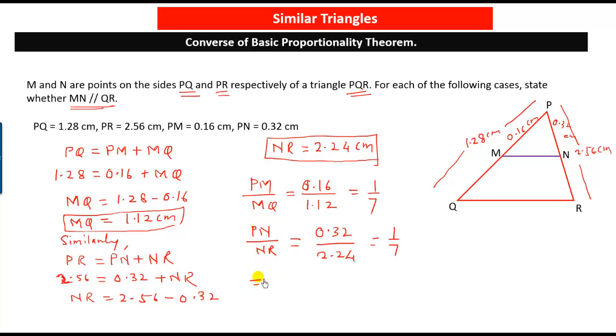Since these ratios are equal, by converse of basic proportionality theorem, MN is parallel to QR.